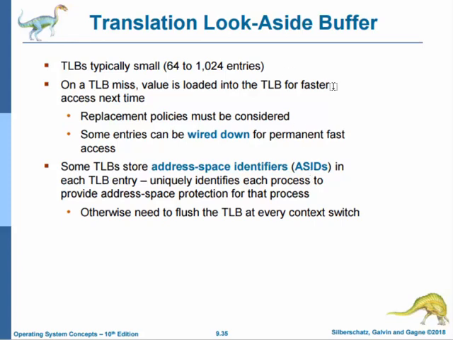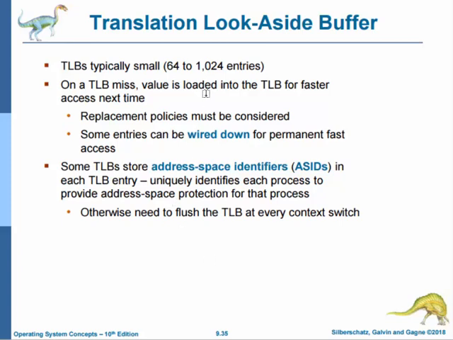This task requires one memory access, and it provides us with a frame number, which is combined with the page offset to produce the actual address. So we can then access the desired place in the memory. With this scheme, two memory accesses are needed to access the data, one for the page table entry and one for the actual data. Thus, a memory access is slowed by a factor of 2, a delay that is considered intolerable under most circumstances.